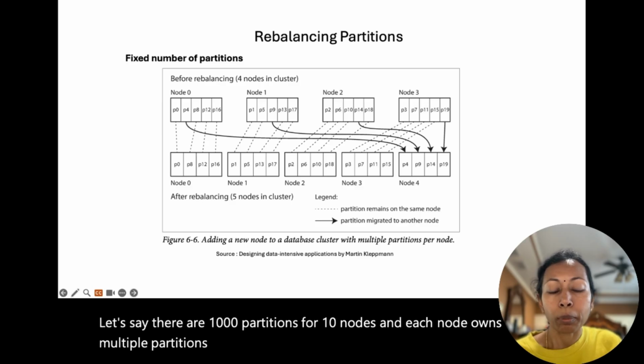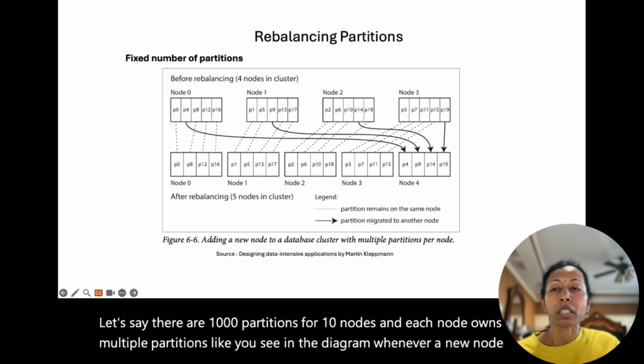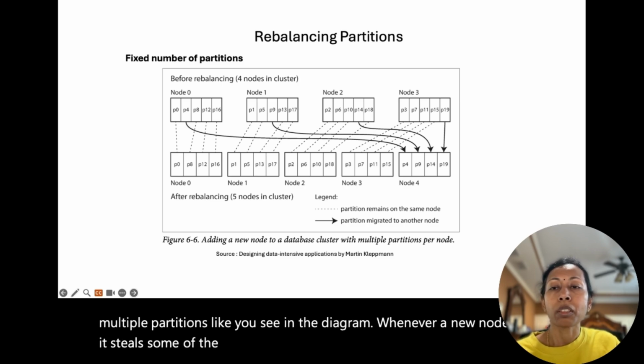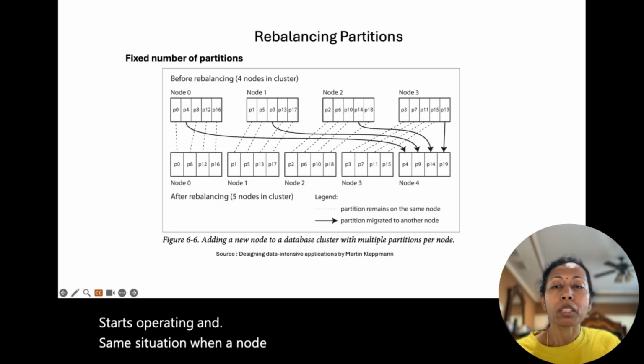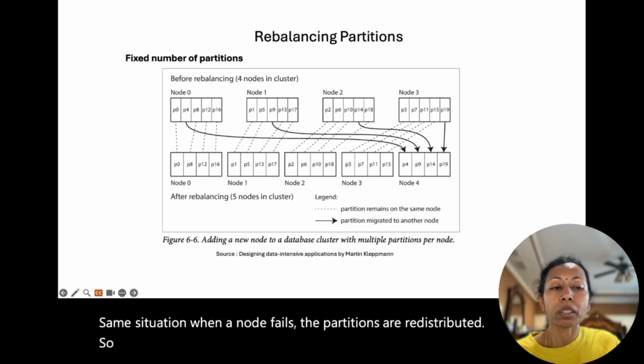Like you see in the diagram, whenever a new node joins, it steals some of the partitions from existing nodes and starts operating. And same situation, when a node fails, the partitions are redistributed. So this reduces the data movement.